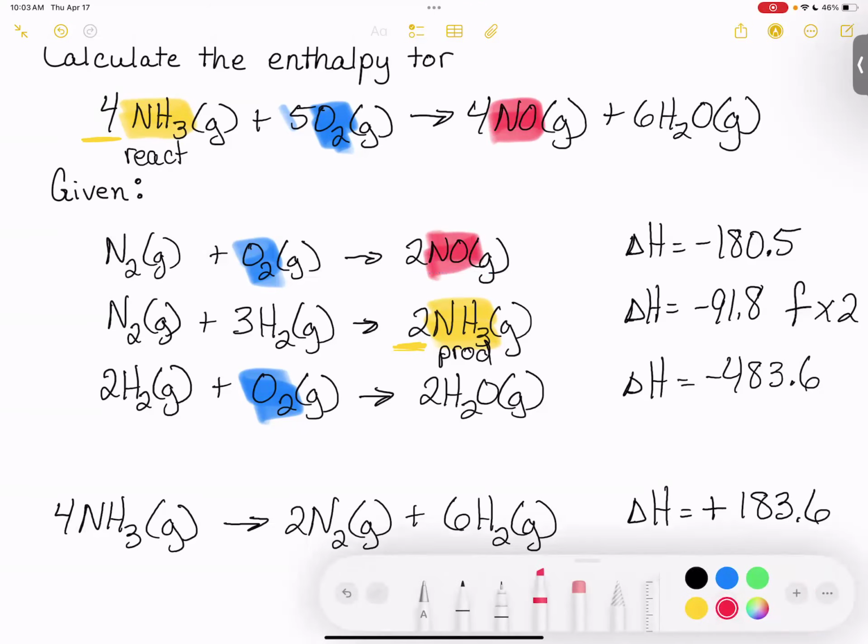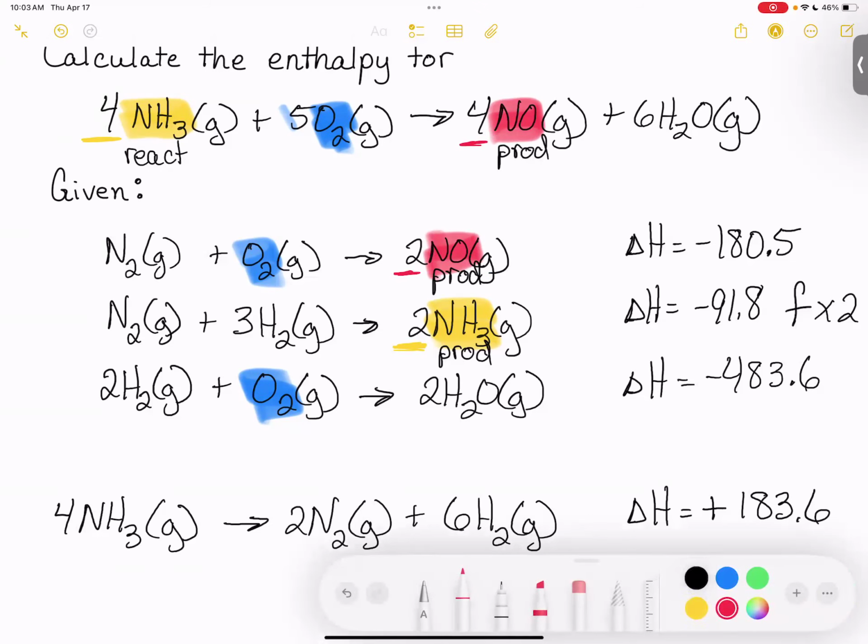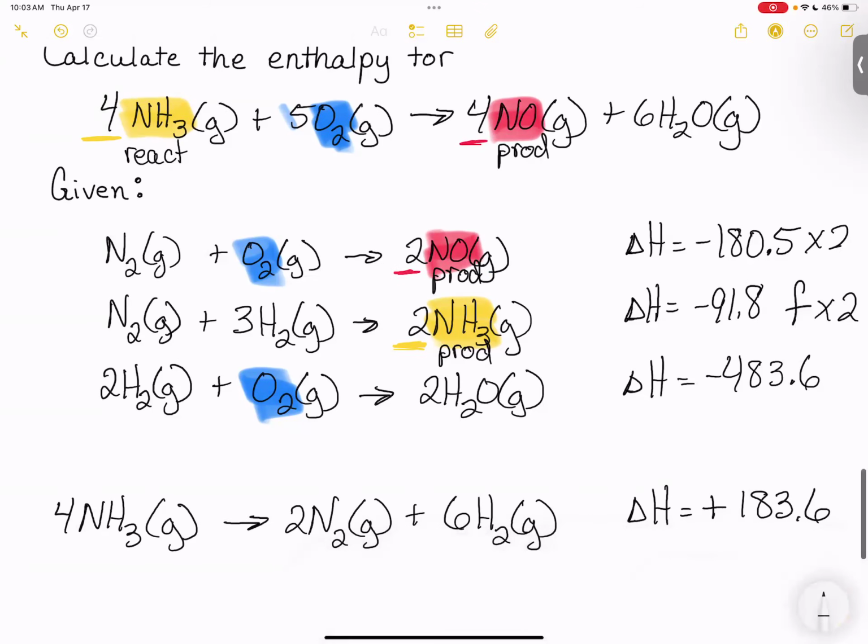Now I have only one equation with NO. NO is a product here, and NO is a product here. So I don't have to flip the equation. But I note that I have 4 NOs and I only have 2 in my equation. So that means I am going to have to multiply this equation by 2.